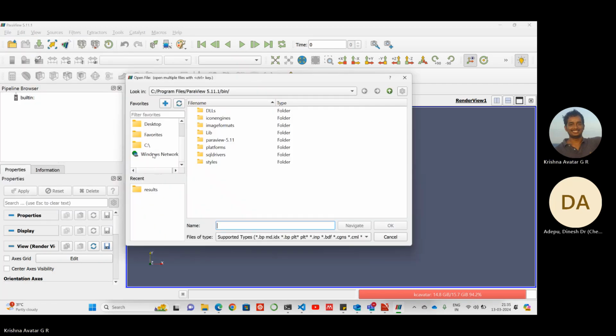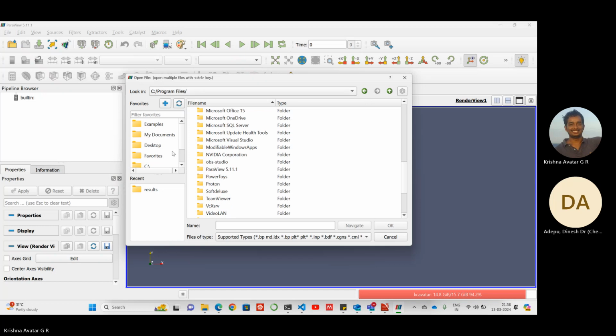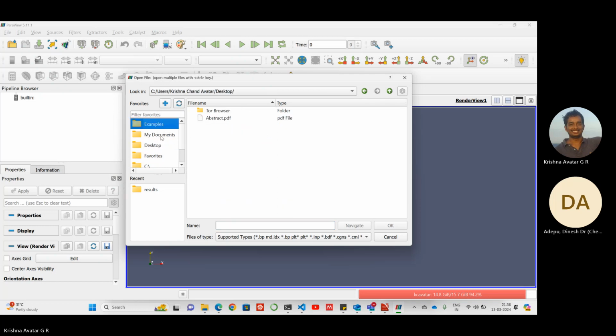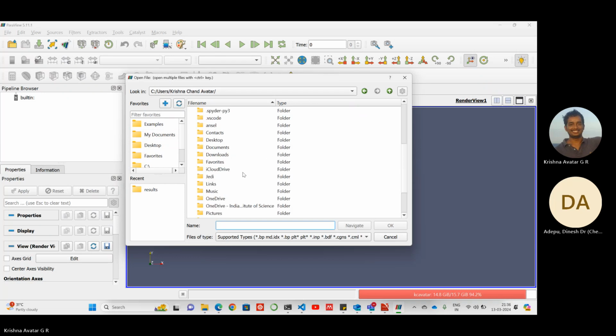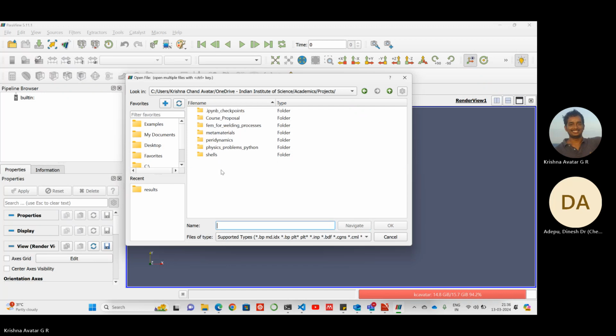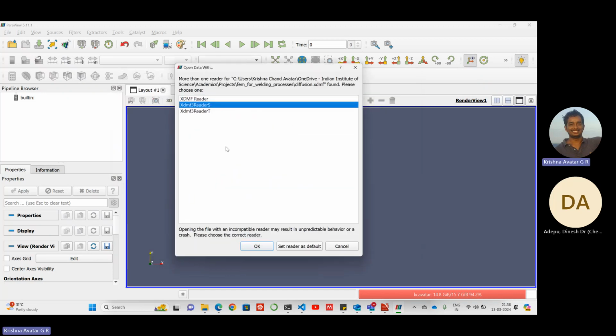Open. Then we can have, say, OneDrive. So this is the one, diffusion.xdmf.